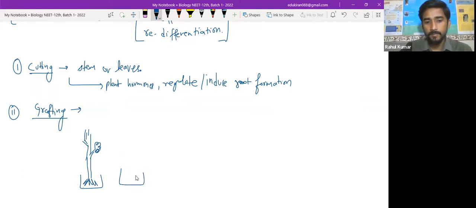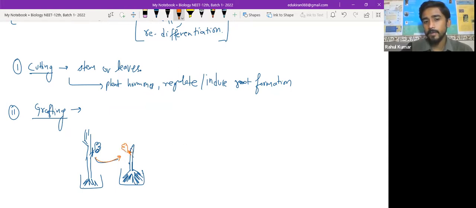And there is another plant which has a very elaborate and very good root system, but the shoot system is not that good. So we cut this part and we transferred it to the other plant and we grafted it here.